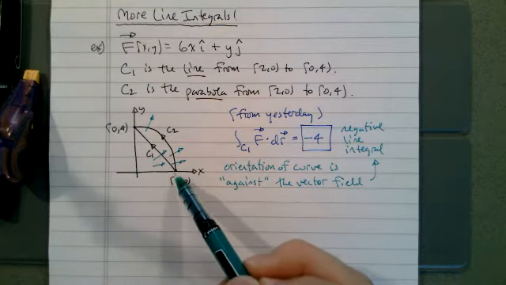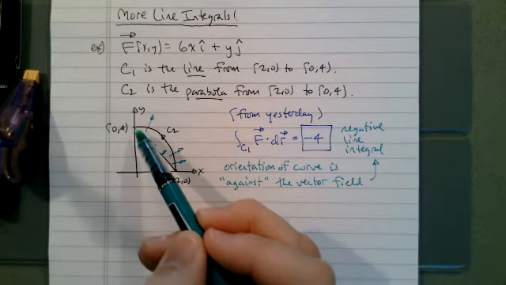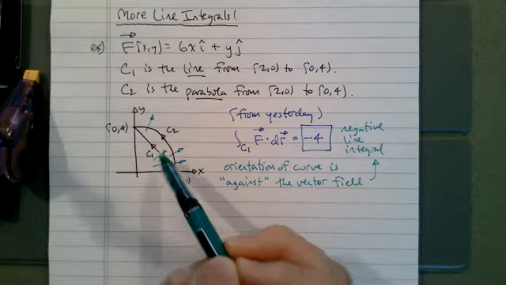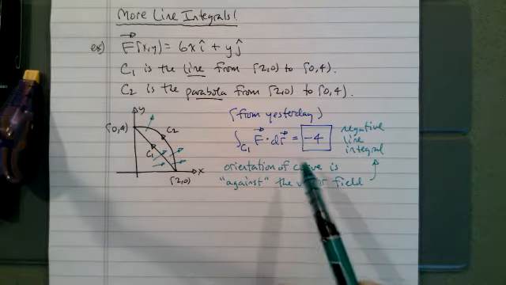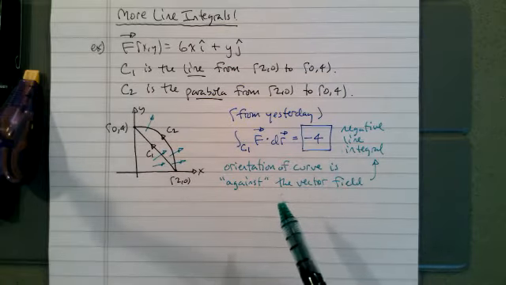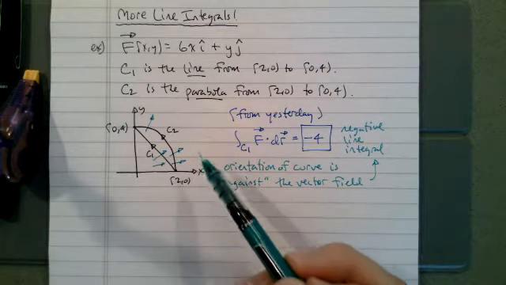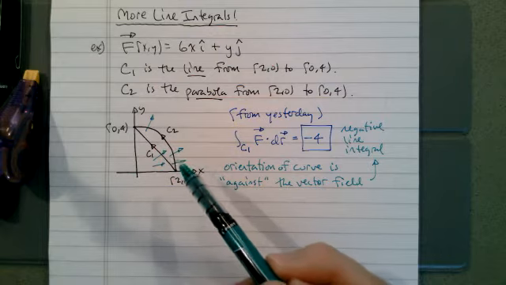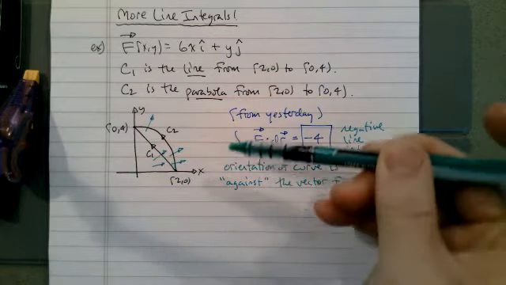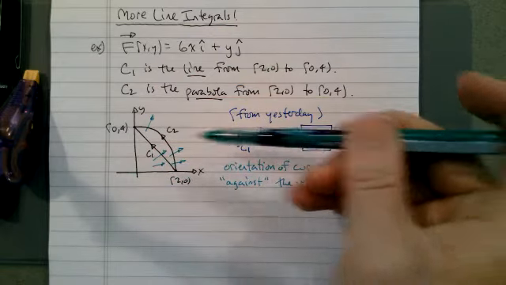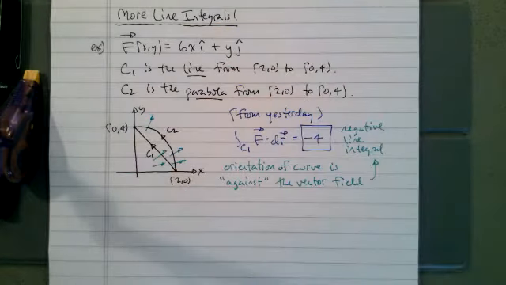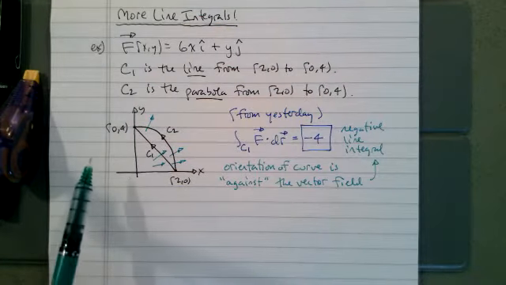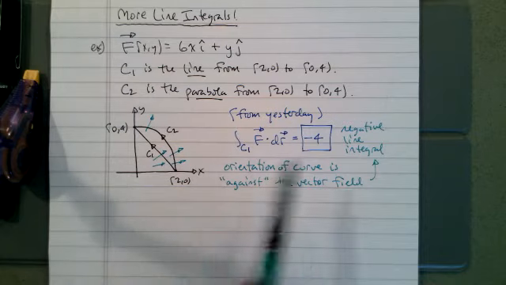We know that when the curve is generally going against the vector field, when our bird is flying into the wind, our line integral will give us a negative value. So the orientation of the curve is generally against the vector field. The curve is trying to go broadly from right to left, and the vector field is broadly trying to go from left to right.